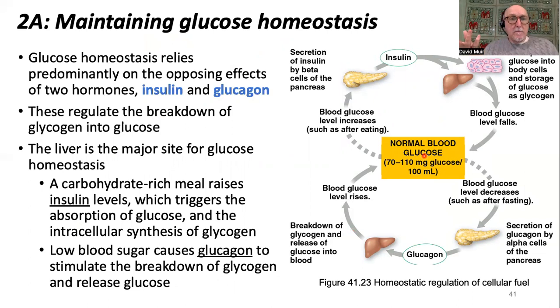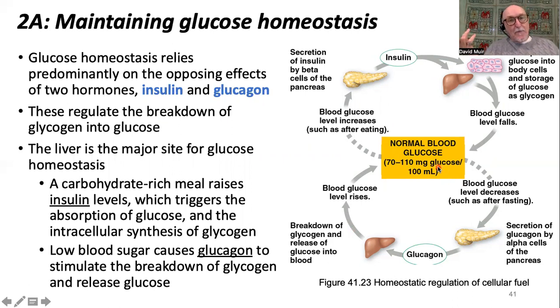And as the blood glucose level rises, for instance, after a meal, the pancreas begins to secrete insulin from the beta cells. Those beta cells cause the transport of glucose from the body fluids, especially from serum, from the blood, into cells, especially of the liver, but all the other body tissues as well. And the blood glucose level should drop really rapidly. And it falls to a normal level between 70 and 110 milligrams of glucose per 100 milliliters.